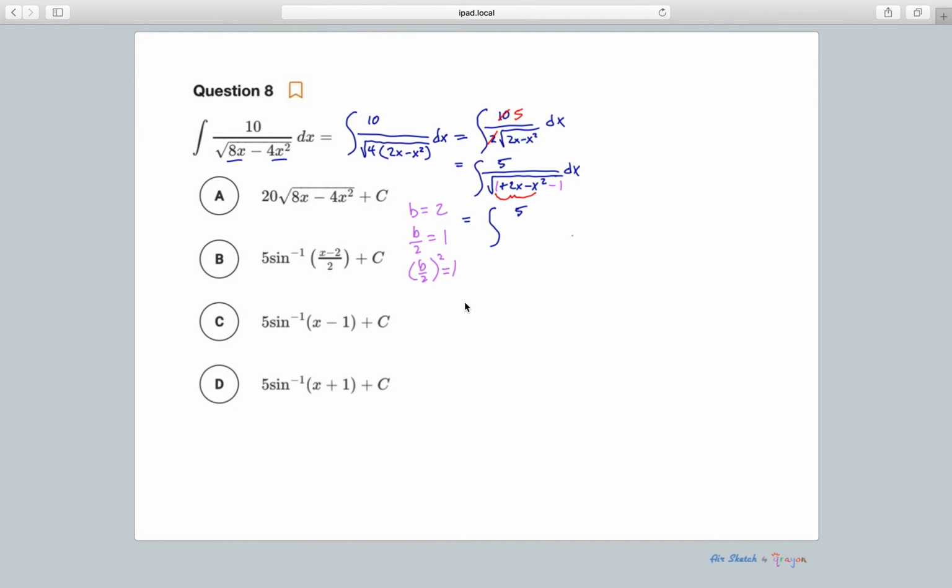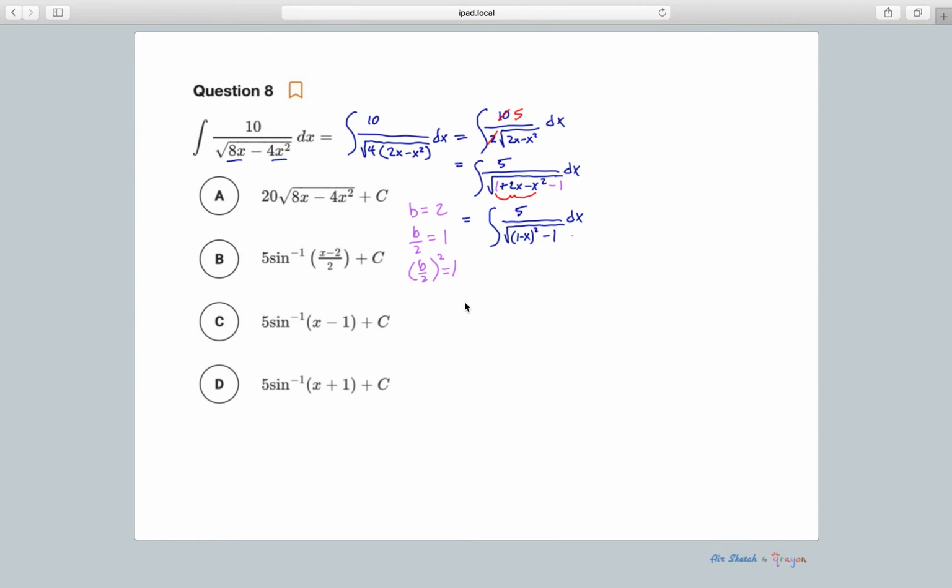And the way that one factors down particularly is 1 minus x quantity squared. And you can verify that by multiplying it out. But I still have this minus 1 outside, dx.